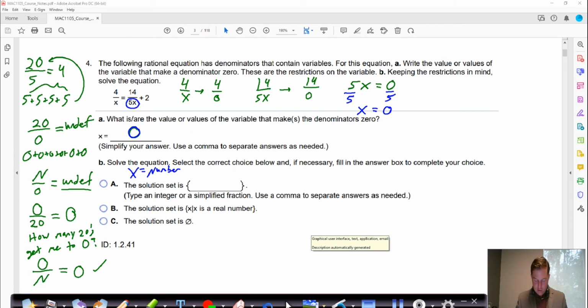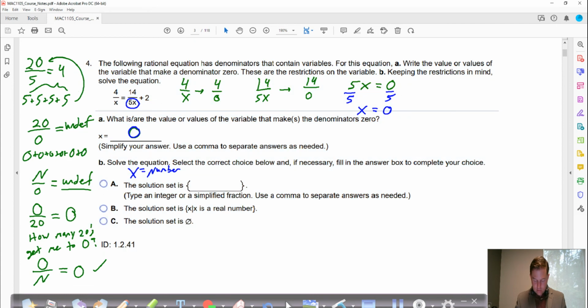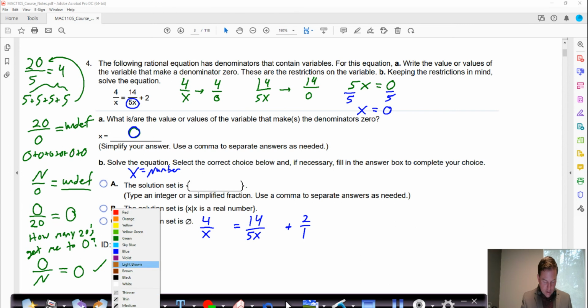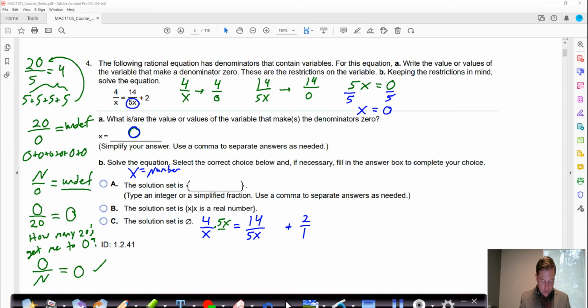So we're going to have 4 over x, and then I'm going to save space to put in the multiplication. Then 14 over 5x, and then plus 2, which I'll write as a fraction again, 2 over 1. And now we're going to add in what we're going to multiply. So we're multiplying each term by 5x over 1.